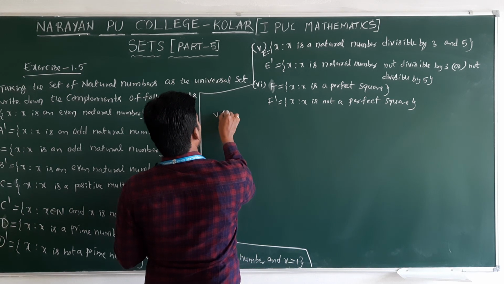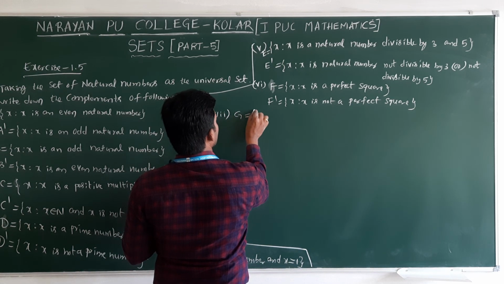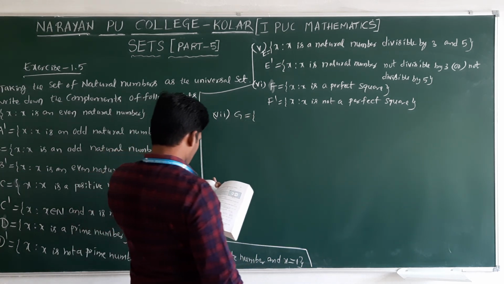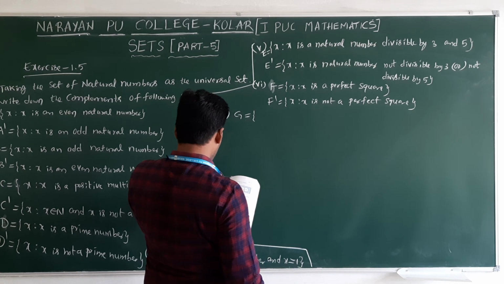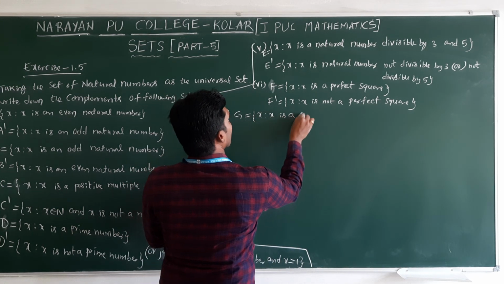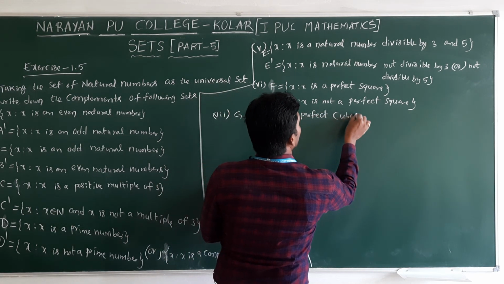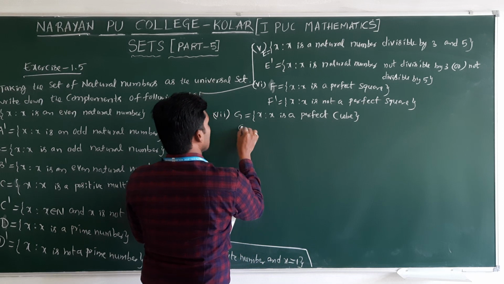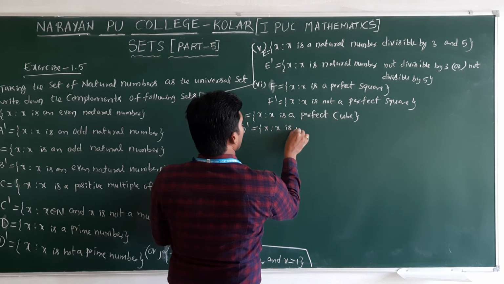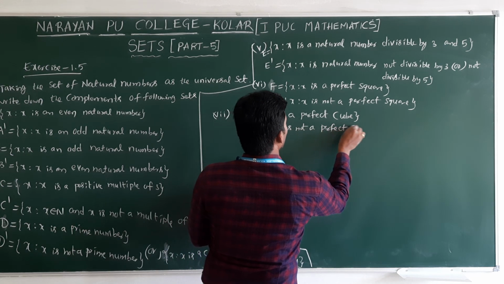Next, seventh one. Next, G. What is given? x such that x is a perfect cube. G dash means x such that x is not a perfect cube.